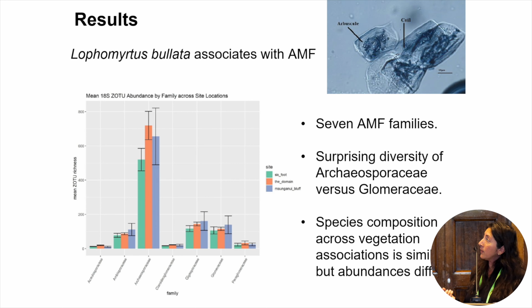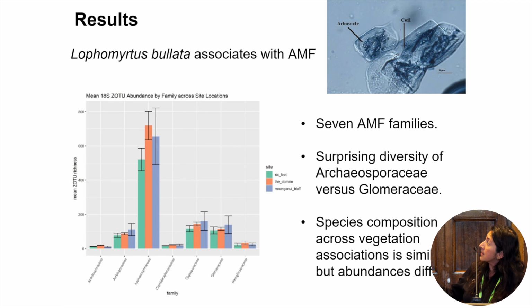So one of the things that he found was that Lophomyrtus bullata does associate with arbuscular mycorrhizae. This might not be too surprising because there was a study in which they had hypothesized that this entire tribe of Myrtaceae did associate with arbuscular mycorrhizae, but he was the first person who was actually able to look at the roots and look at these structures.